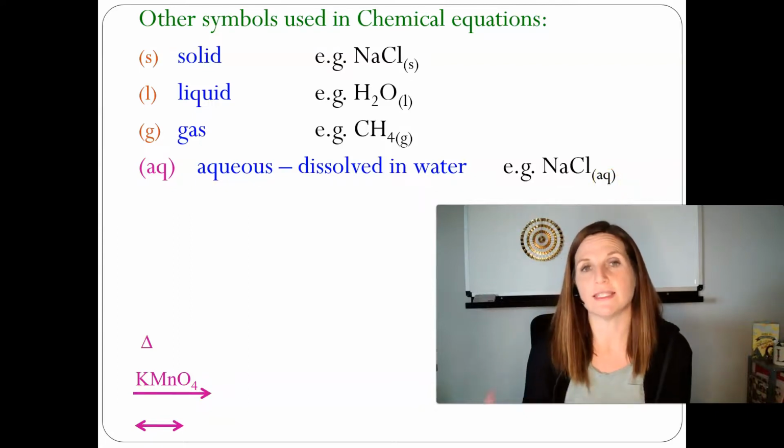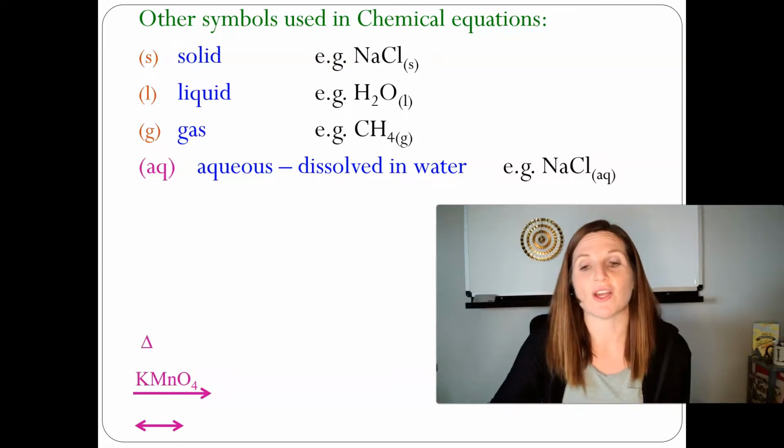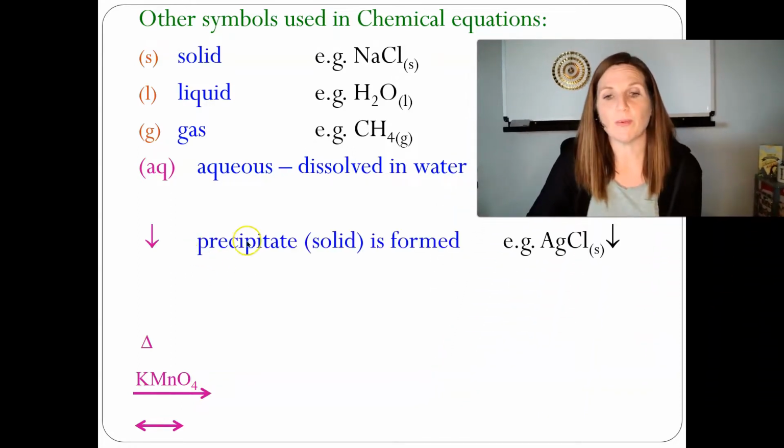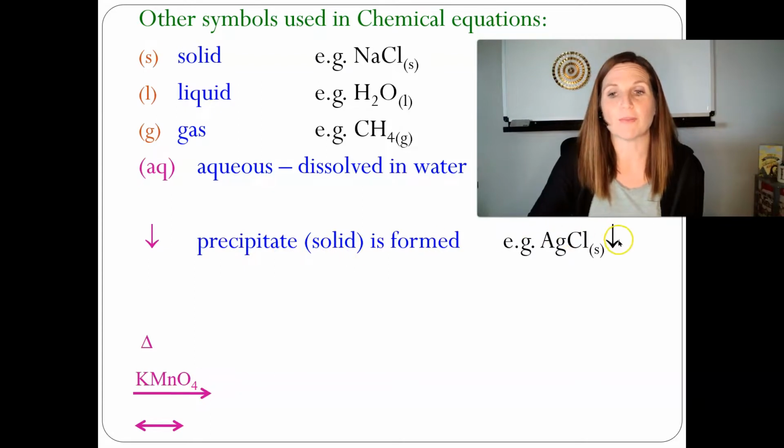Our single and double replacement reactions are going to really like to take place in water. So you're going to be looking for this AQ when we get into our single and double replacement problems. Another helper you might get is a little arrow down. That would tell you that a precipitate is formed. Remember that a precipitate forming is one of the signs that a chemical reaction has occurred.